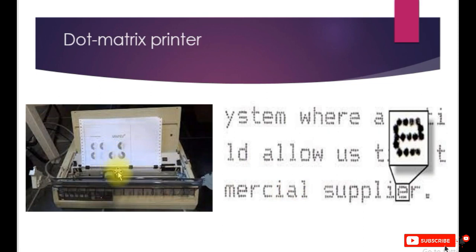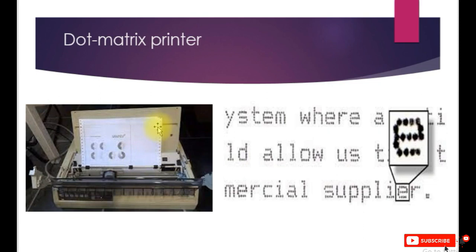They are still being used because you find that in a commercial setting, for instance, in retail stores, they use them there. They use them in particular because this actually uses multi-form paper.